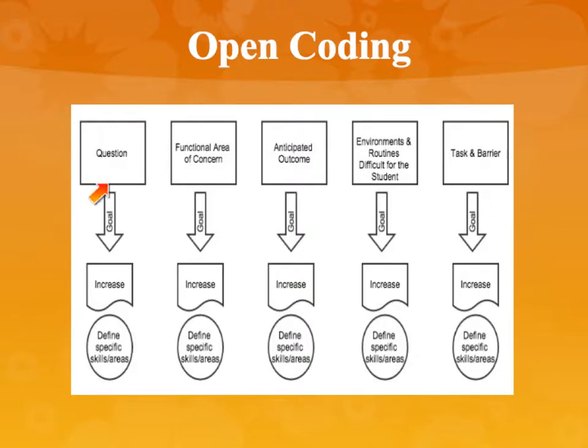What I then did, after I did a category analysis there, is I coded all of that information based on what they were answering. I looked at the actual goal of what the student needed to do and what the teacher wanted. So was it looking for increasing information? And then maybe I also broke it down to defining specific skills or area.